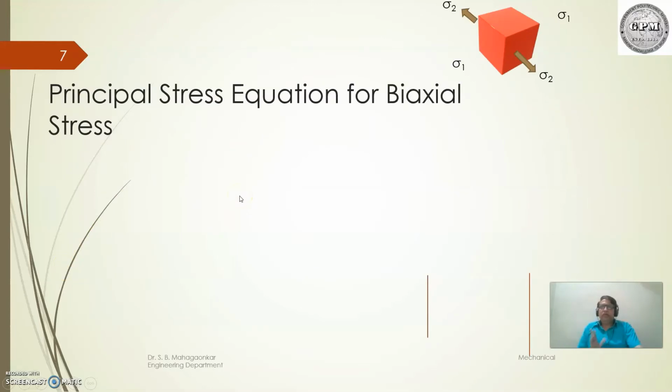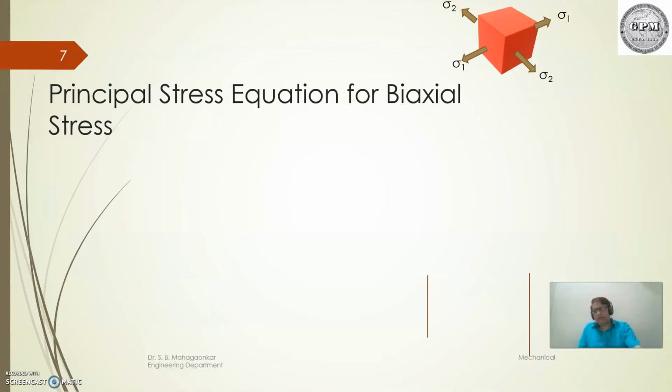Now we will go for the principal stress equation for biaxial stress. That means, what is the principal stress equation for an element subjected to biaxial stress? Sigma 1 is in the x direction, and sigma 2 you take in the y direction, and let us say the sigma z component is 0.